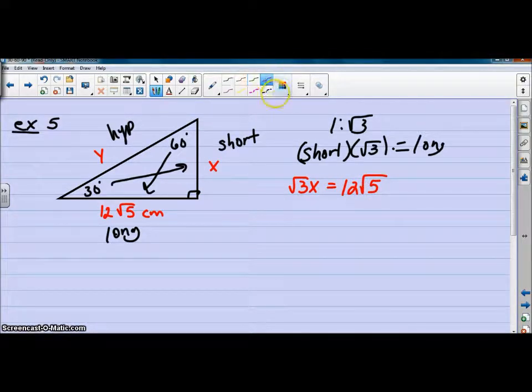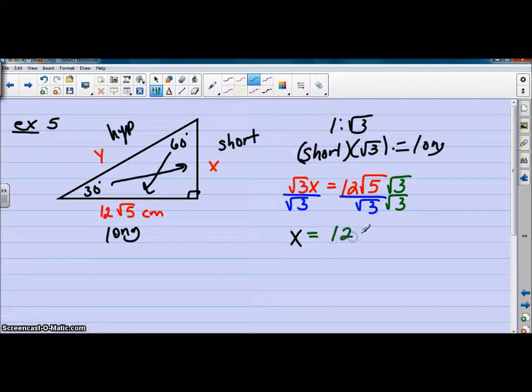I'm going to divide both sides by the square root of 3, and the square roots of 3 will cancel and I'll get x. And now I have to look at this piece. Looks like I'm going to have to rationalize because I have a square root of 3 in the denominator, so multiplying top and bottom by square root of 3. And so I get 12 square roots of 15 over the square root of 9 again.